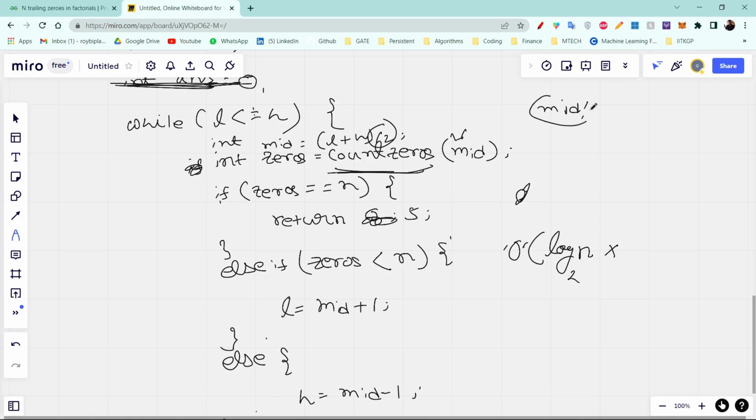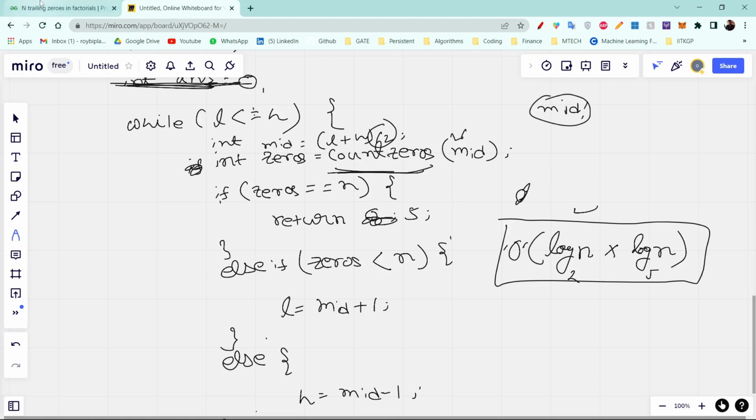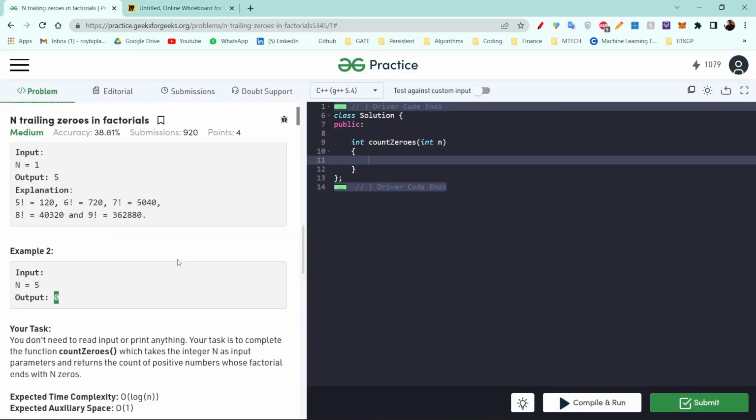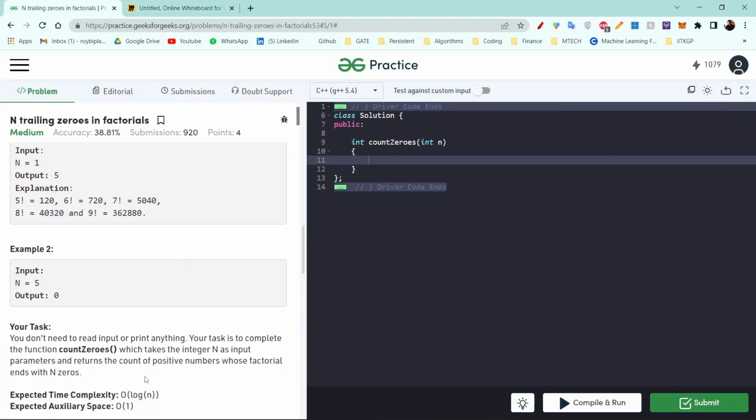How can you calculate that? By dividing by 5, so it will take again log base 5. So this is our complexity of the program. Let's see the required complexity here: just log n, the same.